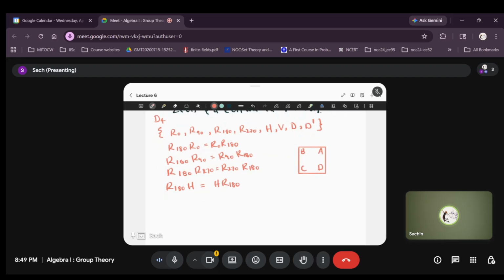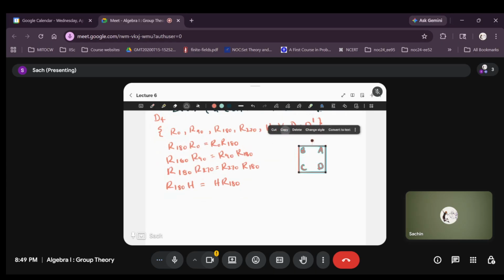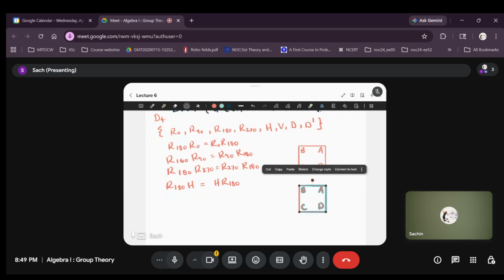Then a rotation by 90 degrees is simply moving the positions by one place. If you rotate it like this, then A, B, C, D all move by one position to the left, counterclockwise.